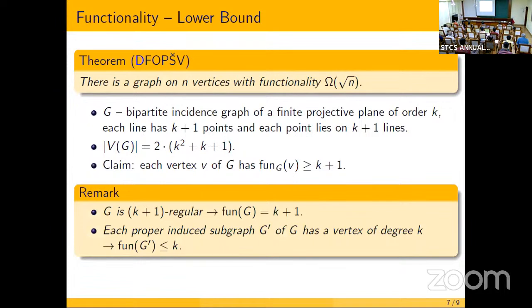Okay, so a few remarks. As I said, G is K plus 1 regular, so the functionality of G is exactly K plus 1. And each proper induced subgraph of this graph has a vertex of degree at most K. So the functionality of any proper induced subgraph is at most K. So this graph is minimal in the sense that it has functionality K plus 1.